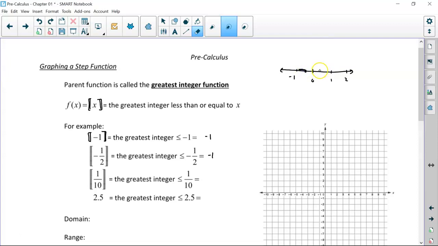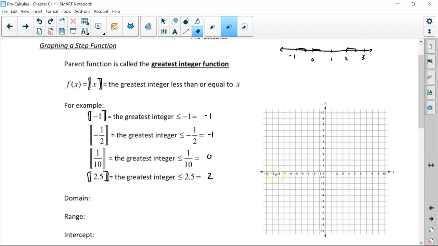When we're at 1/10, the greatest integer less than or equal to 1/10 is 0. And when we're at 2.5, the greatest integer less than or equal to that, we're going to go to the 2. So those are the greatest integers.